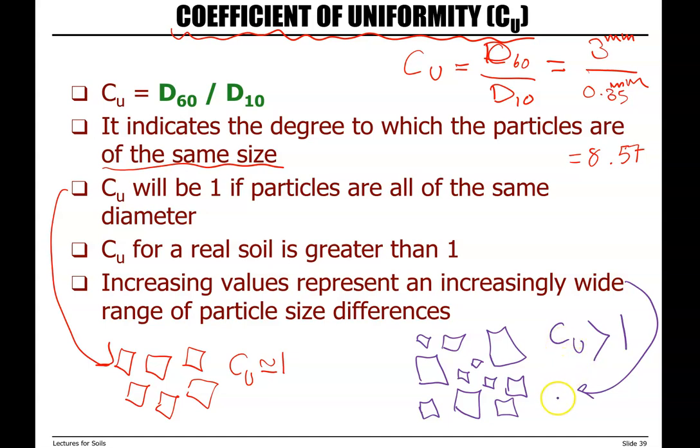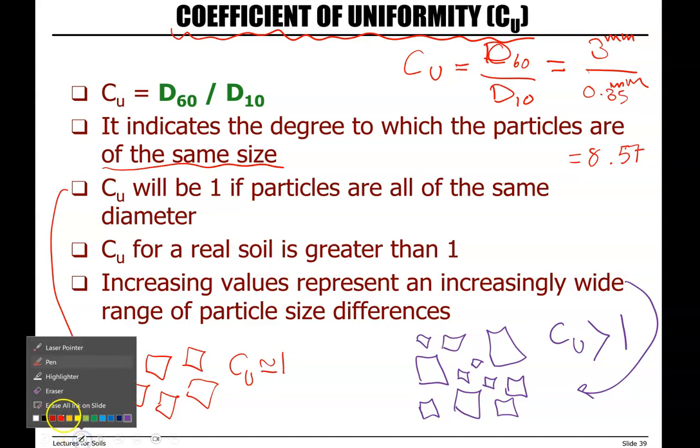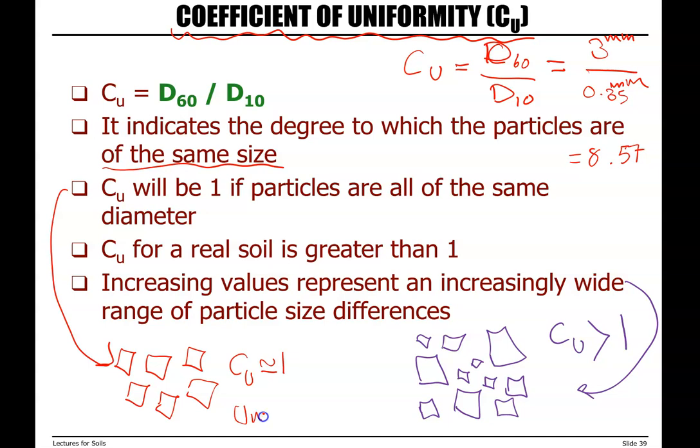So a larger Cu means that we have a wider range of particle sizes. If all the particles are of the same size, then Cu will be close to 1. This is what we call a uniform sample, where the majority of particles are all of the same size. And that's why it's called coefficient of uniformity.